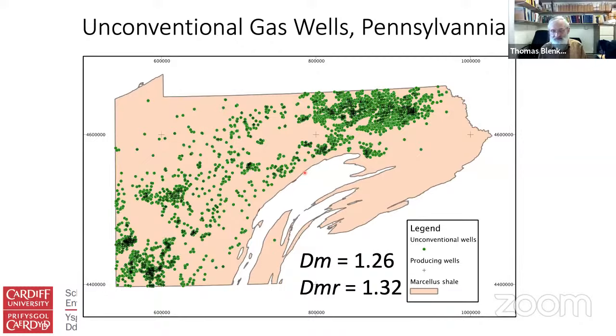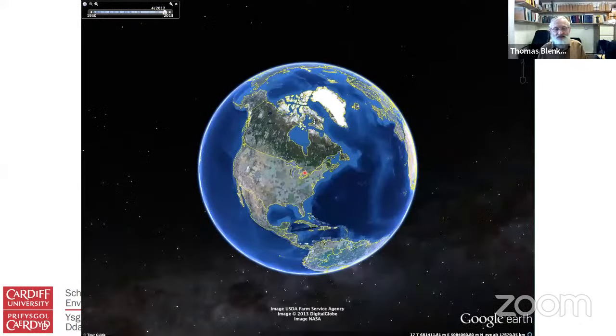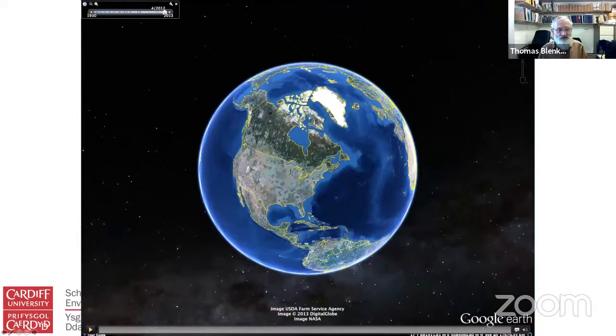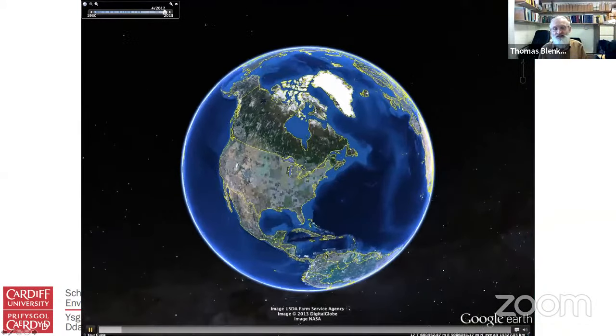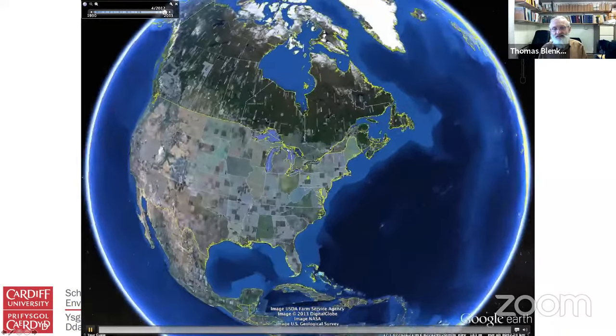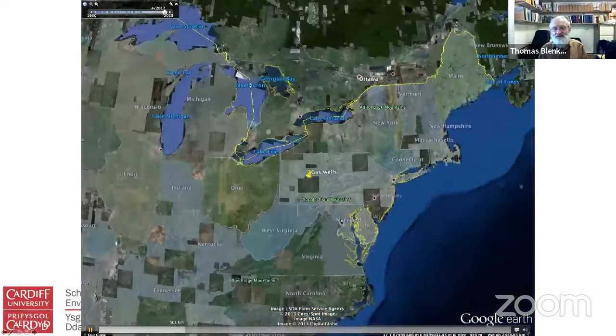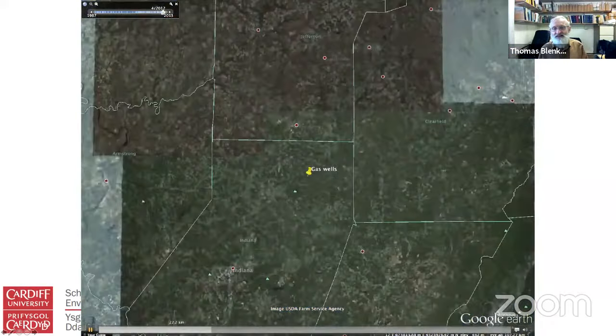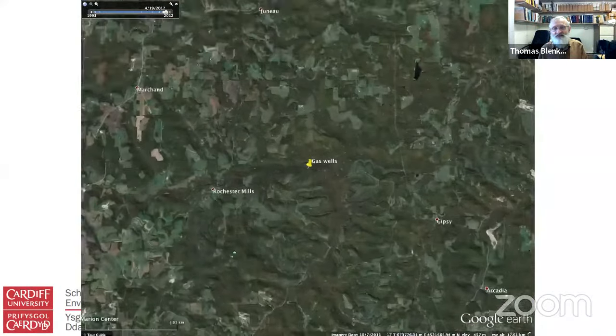And I had a quick look at Google Earth, which can give us some clue to the answer. So I'm now going to show you how, when you zoom in to that area of Pennsylvania on Google Earth, you can see the sort of impact that the fracking world has had on the landscape.